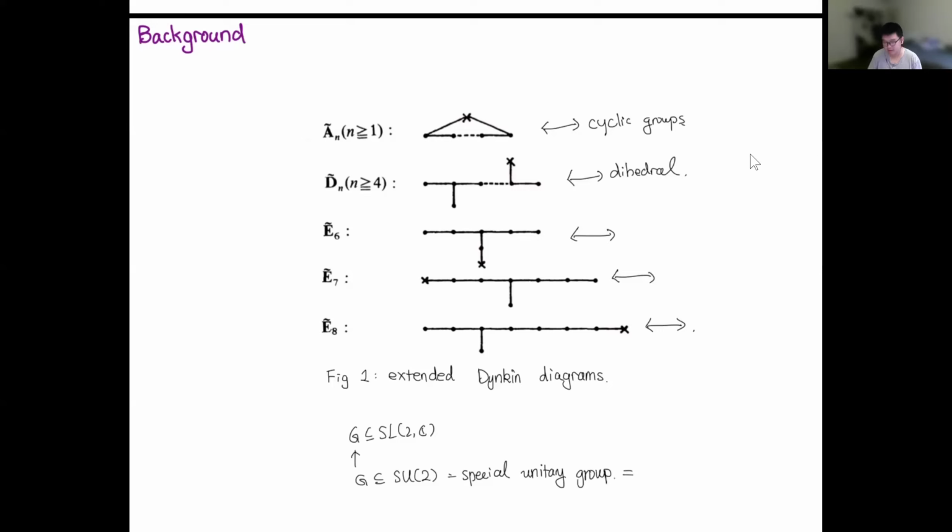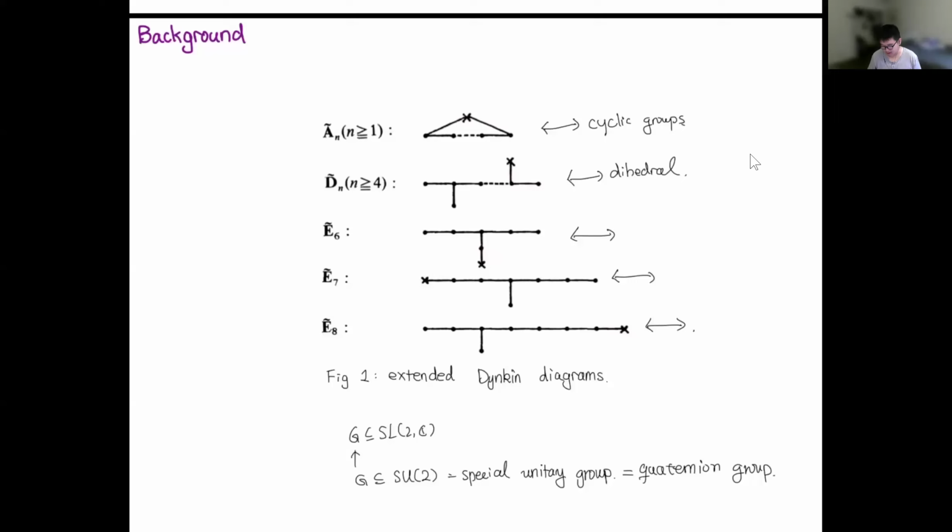And this has a description as a quaternion group, the group of unit quaternions, the automorphism group of the ring of quaternion numbers.